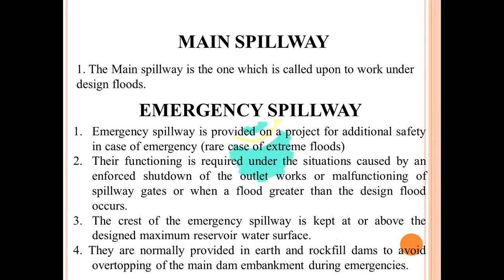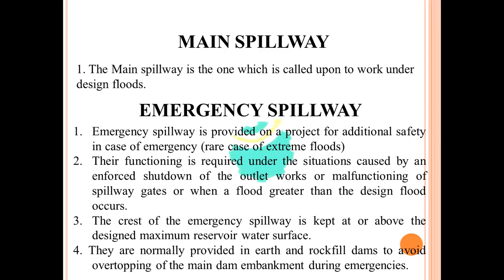When the engineers feel the dam may fail due to excess water, the emergency spillway may open. An emergency spillway is provided on a project for additional safety in case of emergency. So if the water is coming in excess of the design capacity of the spillway, then the emergency gate will open.